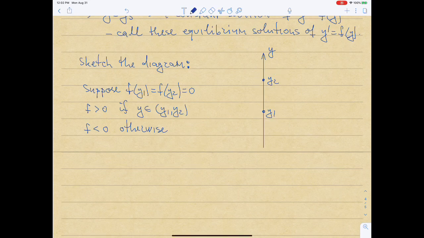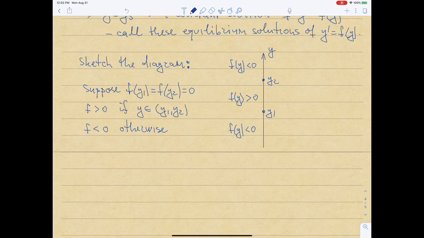If y is between y1 and y2, then f of y is positive. If y is greater than y2, then f of y is negative. And if y is less than y1, f of y is once again negative.